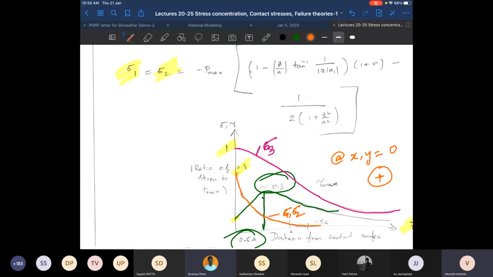It will vary with x and y. You need to look at some 3D color contours if you want to see everything. This is just a line graph at x, y equal to 0. You are going along z and seeing how the stresses vary. Why are we looking at this? Because this is the line where the stresses will be maximum.